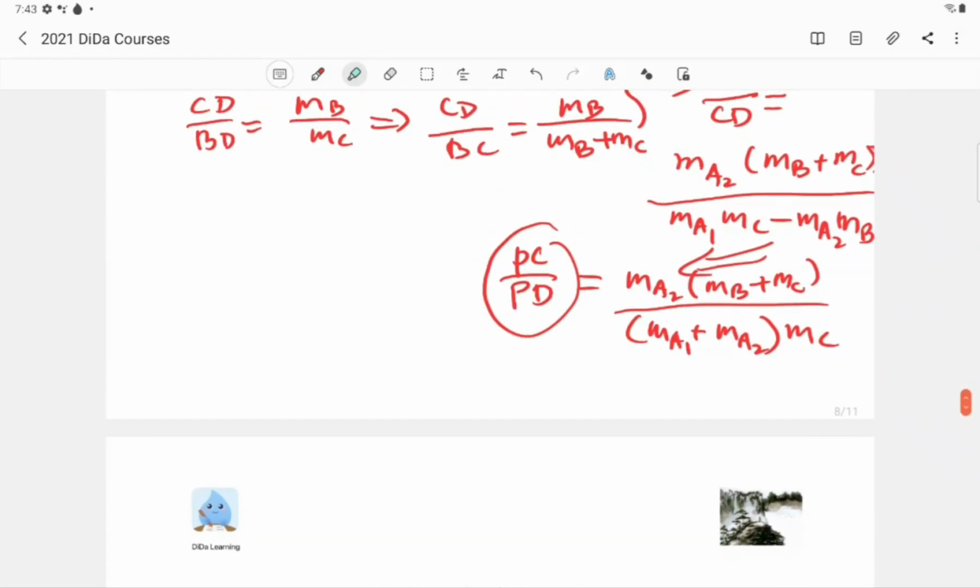Maybe I will post my handwritten solution to the class. So for those people who are interested in knowing the complete proof, please refer to the post.